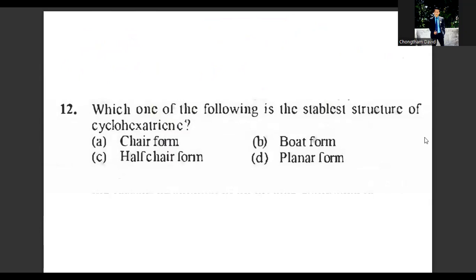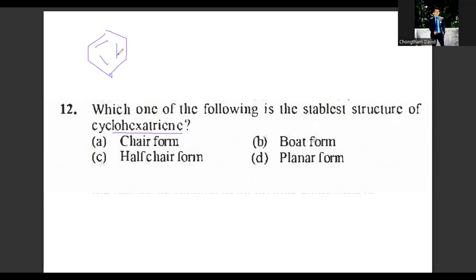Which of the following is the stablest structure of cyclohexatriene? Okay, cyclohexatriene. What is cyclohexatriene? Yes, it is your benzene. Okay, benzene is the common name of the IUPAC name cyclohexatriene.